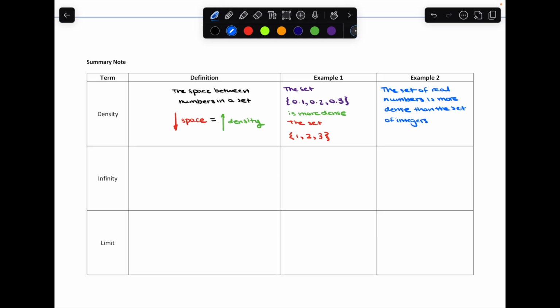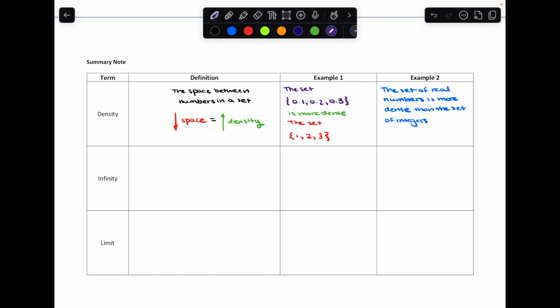So if we think about it, real numbers are all the numbers that encompass values on a number line. And so, for example, if we looked at something between 1 and 2, the integers would have a difference of 1, but the real numbers would have very, very small differences between. So again, less space in between, greater density.